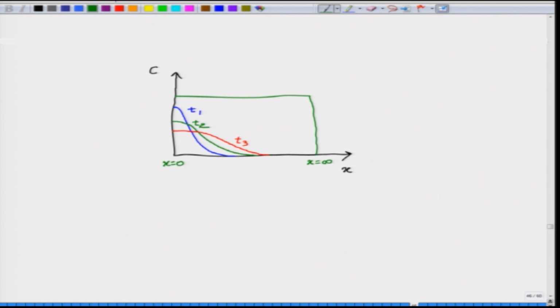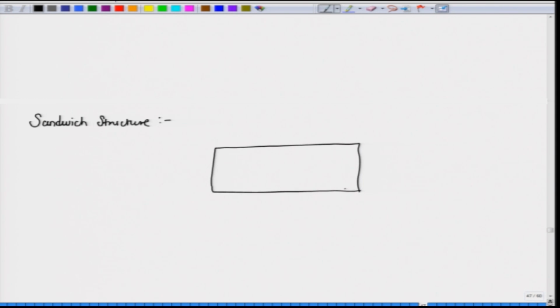Now, let us look at, in this case, instead of the instantaneous planar source of B in A, what I am doing, I am sandwiching an instantaneous planar source of B in two infinite blocks of A. Infinite in the sense again that the diffusion does not penetrate to the other end during the diffusion time.